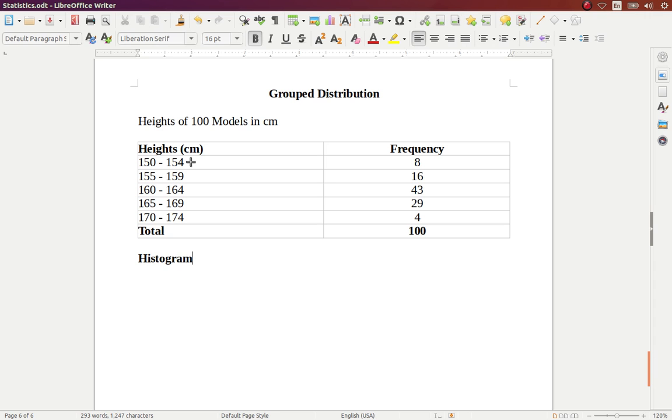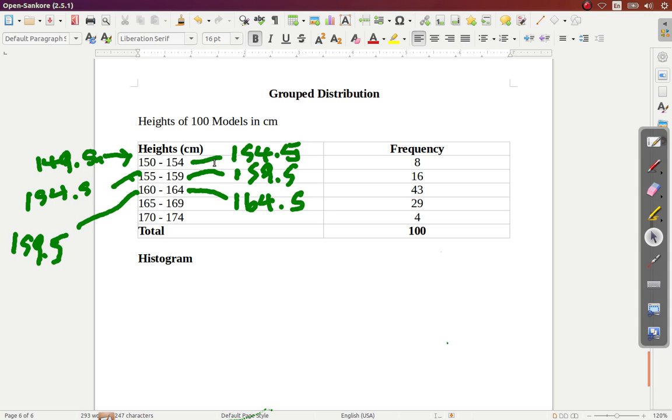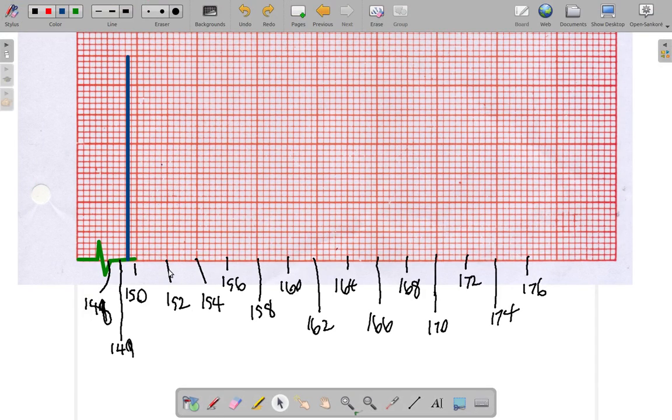This is 154, but it could have been as high as 154.5. So 154.5. This is 154, then 156. You skip over 155. 155 would be about here.